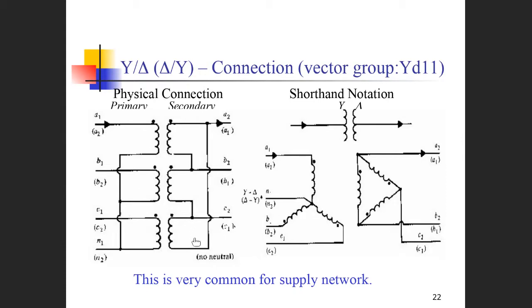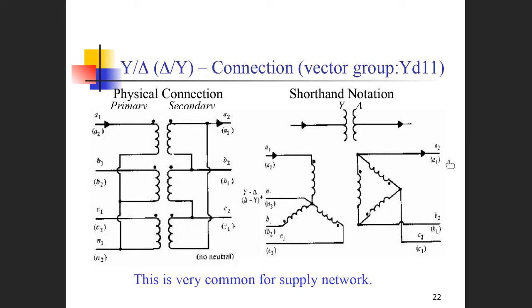However, the secondary: the starting point of A2 connects to the ending point of C2, and the starting point of C2 connects to the ending point of B2, and the starting point of B2 connects to the ending point of A2, just like what we show here.